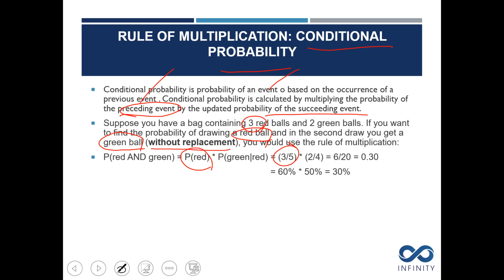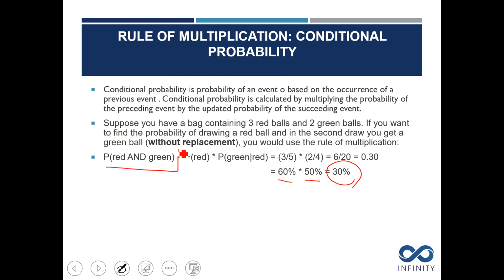You have 4 options, and out of that you need to get a green ball. So you have 2 chances of getting a green ball out of 4 options. So the probability is 2 by 4, or if you multiply this, it is 6 by 20. Or we can say the probability of red and green.